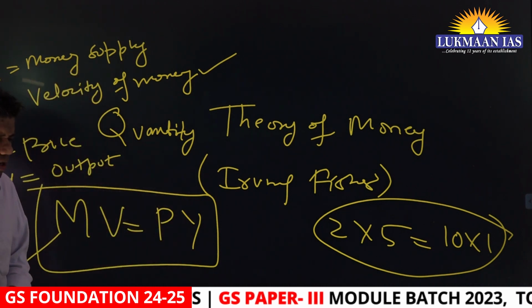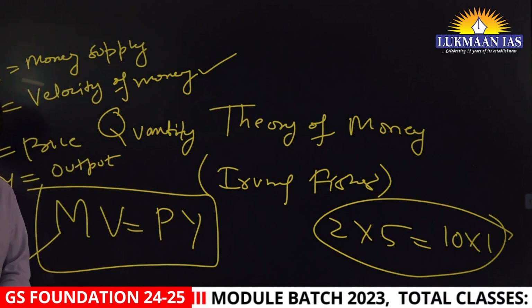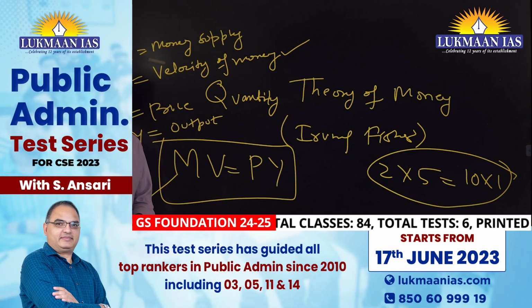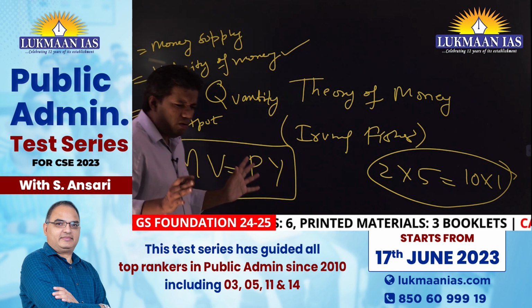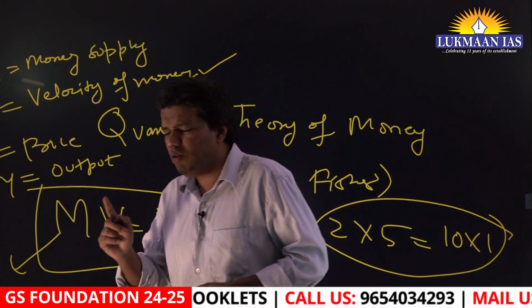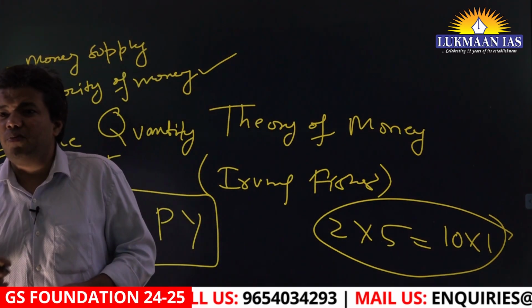UPSC asked a question in prelims, I think 2-3 years back. It was related to how the money increases, something like that. But one of the options was the banking habits of the people, right?